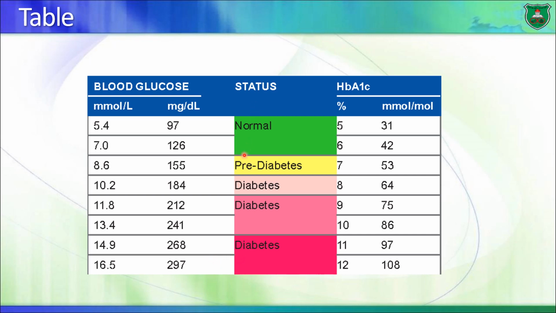So these individuals can be put in these categories according to the amount of blood glucose, that is fasting glucose, or the amount of glycosylated hemoglobin.